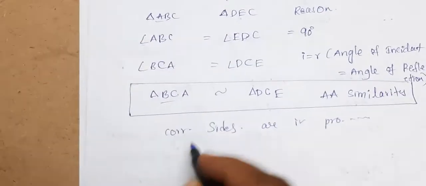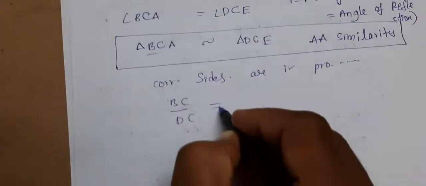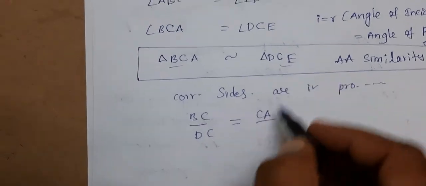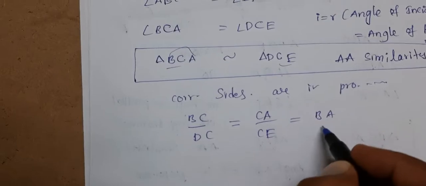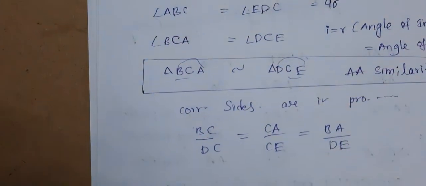Write the values now. So BC by DC, and CA by CE, and BA by DE.